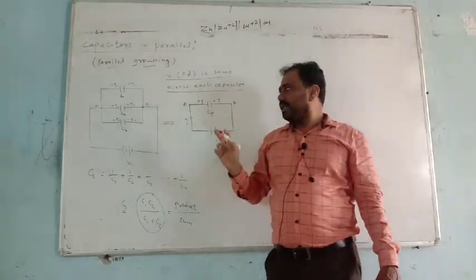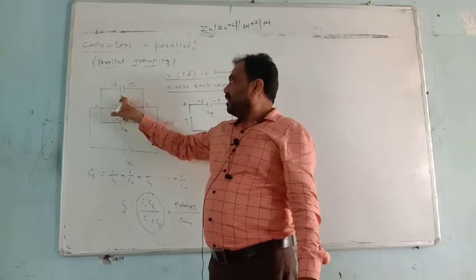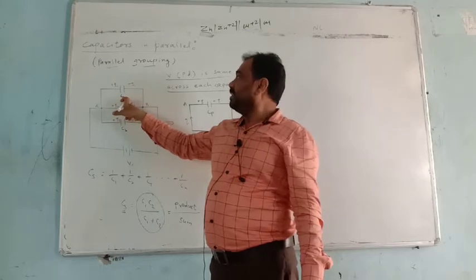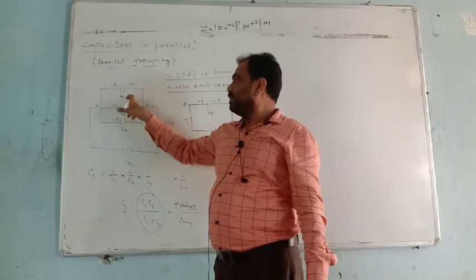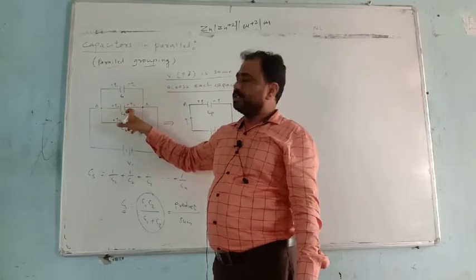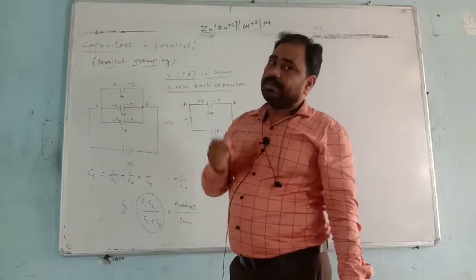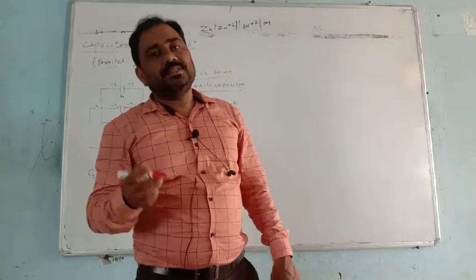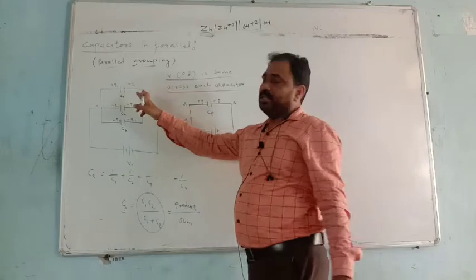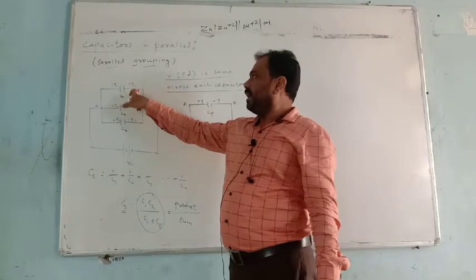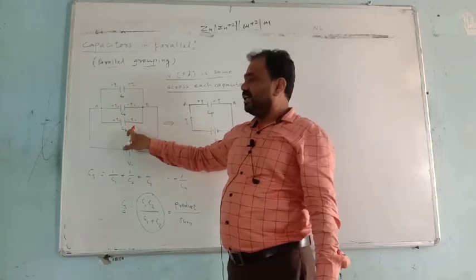But if you concentrate on this diagram, see here, C1 is the capacitor having two terminals, plus Q1 and minus Q1, C2 has plus Q2 and minus Q2, and C3 has plus Q3 and minus Q3. It means each capacitor has different charges. Q means charge. So C1 has Q1 charge, C2 has Q2 charge, C3 has Q3 charge.